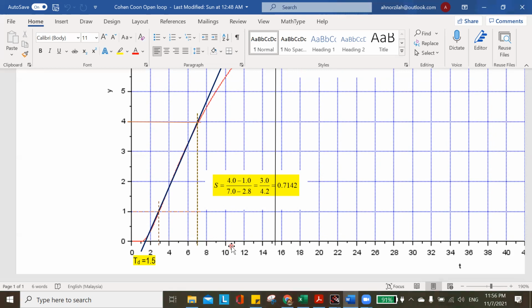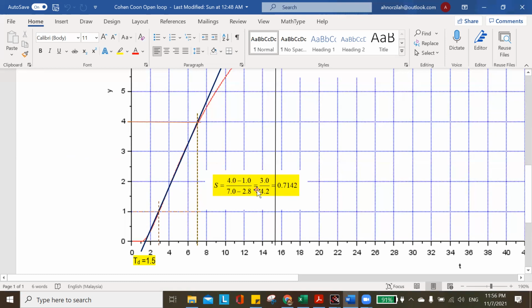As long as you get the principle, I think you are good to go. That's why I just draw manually, but this is originally from Scilab. So you get 3 over 4.2, and the slope is 0.7142. This is S.